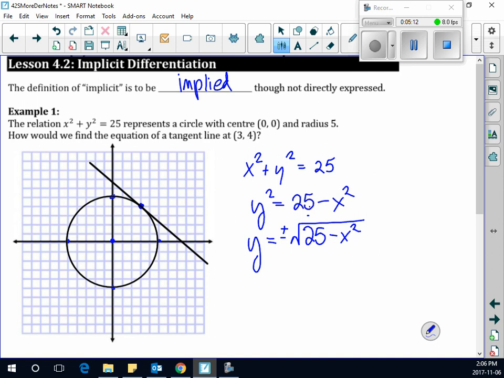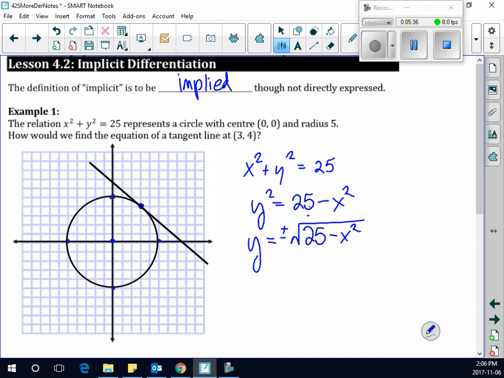Just so you know, if you think about this for a second, do you remember how to graph something like this from grade 12 math? We would graph this parabola, which is an upside down parabola that is 25 high. And then we would square root all the y values, yes?